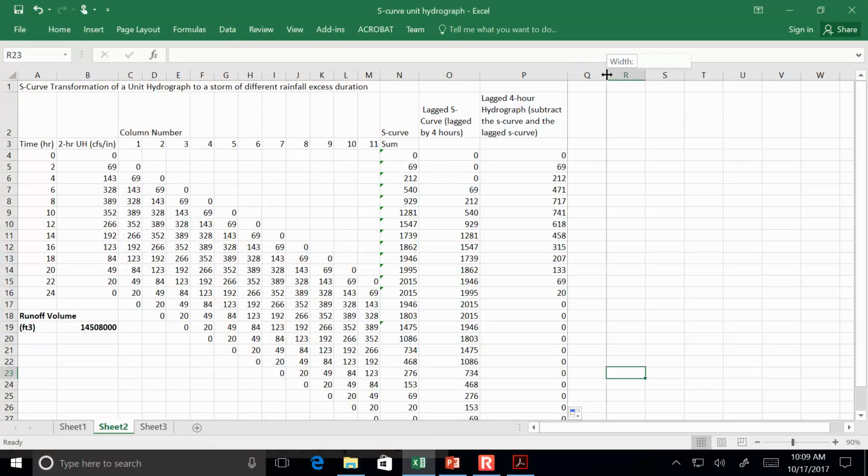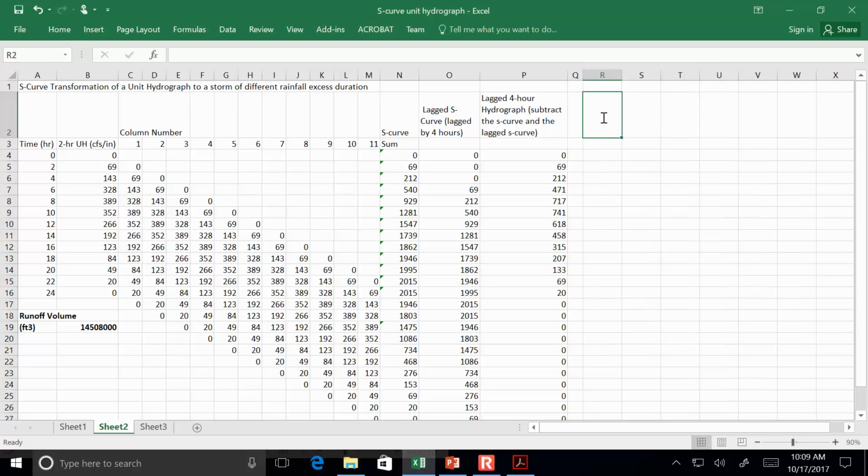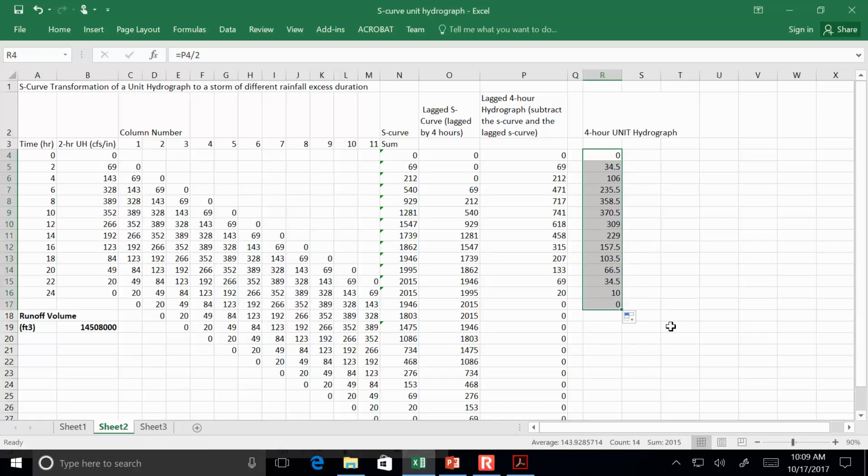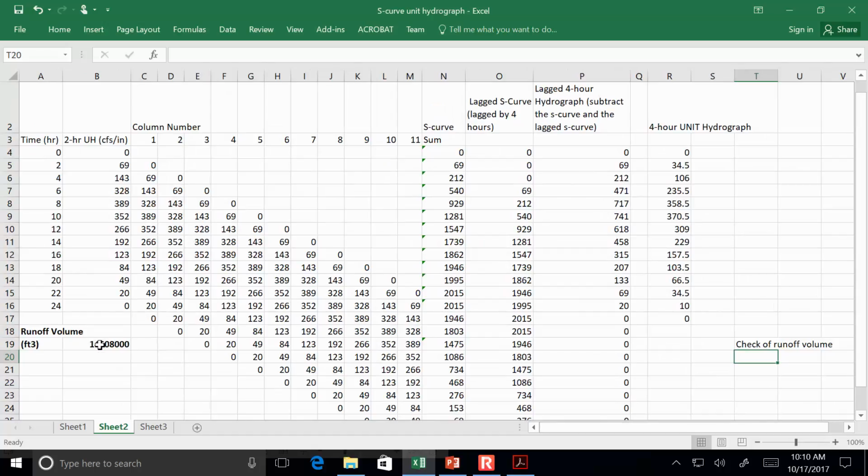So then our final 4-hour unit hydrograph is going to be these amounts divided by 2. And then once we get that, we'll check the volume to make sure that it is in fact the same runoff volume that it was before, but just delayed at different times.